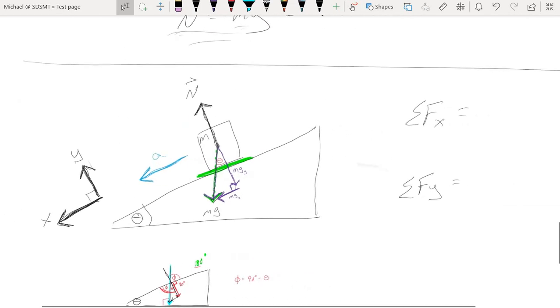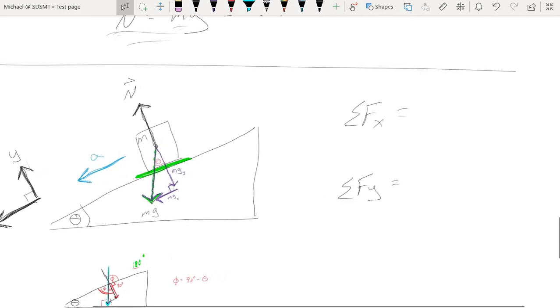So that little bit of geometry now tells me what the x and y components of our weight vector need to be with respect to the angle of the incline.